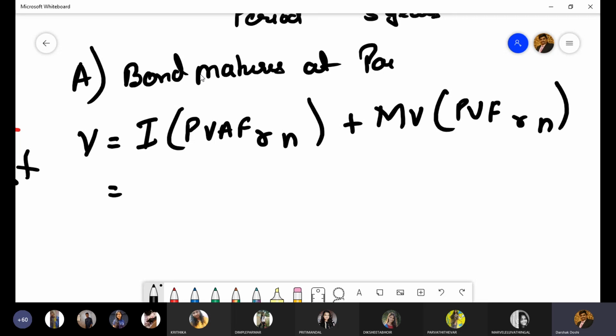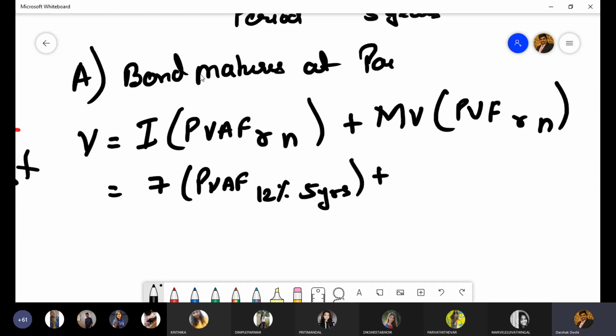How much is the interest? The rate is given as 7%. Face value is given as 100 rupees. So can I say that annual interest is 7 rupees into present value annuity factor at 12% for 5 years? Plus maturity value.